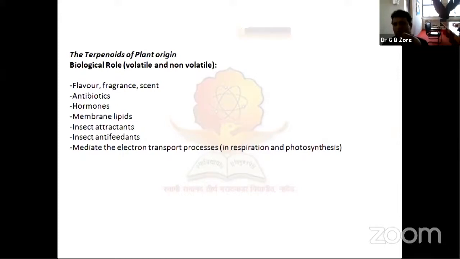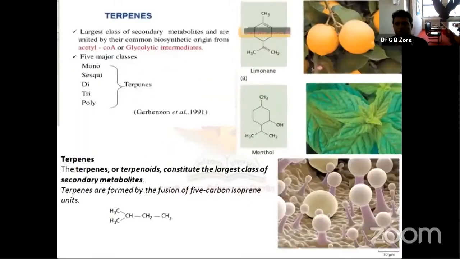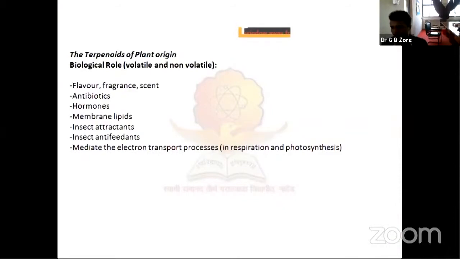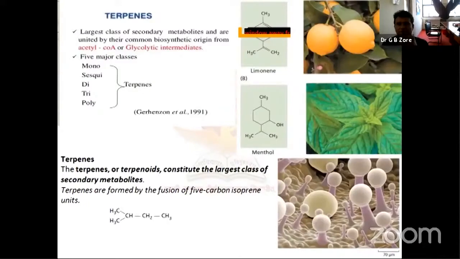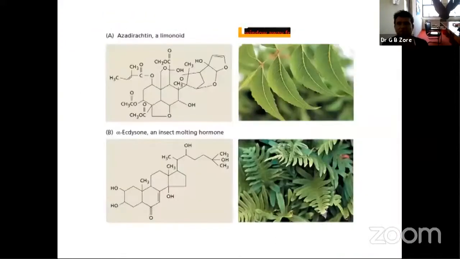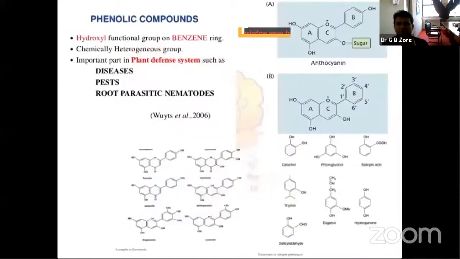But in general, we can have a brief account of these different groups: terpenes, different types of terpenes, and phenolic compounds, which are basically part of the plant defense system, produced against diseases, pests, and parasites. That's how plants protect themselves against these organisms or pathogens.